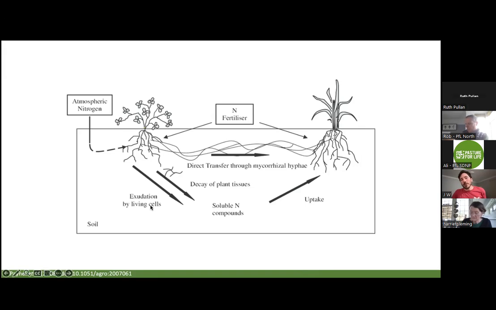The first is through root exudation. When we talk about root exudates, we often talk about plants releasing sugars and carbohydrates down into the roots, but plants release all sorts of other compounds, including organic acids and also amino acids. And amino acids are organic forms of nitrogen.